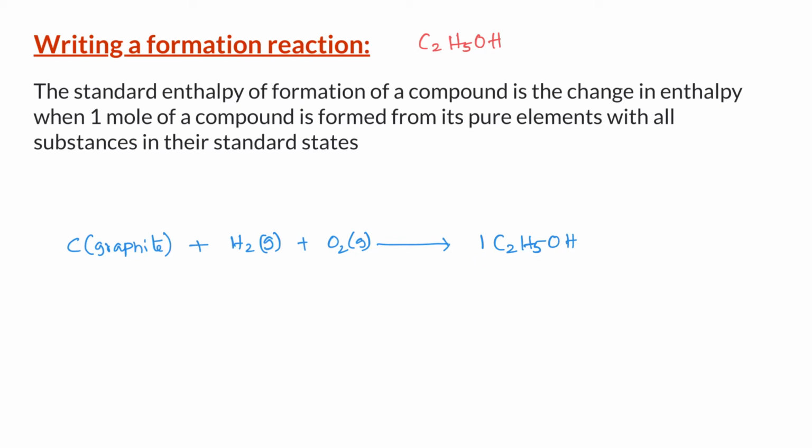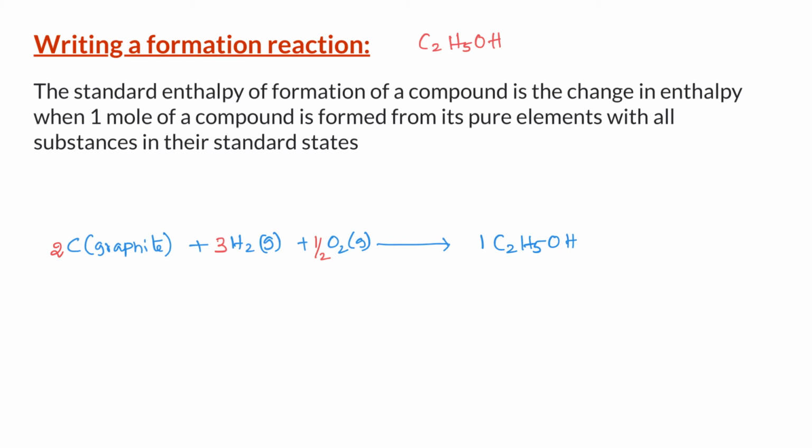So I'm going to make 2 carbons on the reactant side. We have 6 hydrogens on the product side, so I'm going to place 3 in front of H2 gas on the reactant side. We have only 1 oxygen atom on the right side, therefore I'm going to place half in front of O2 gas on the reactant side.